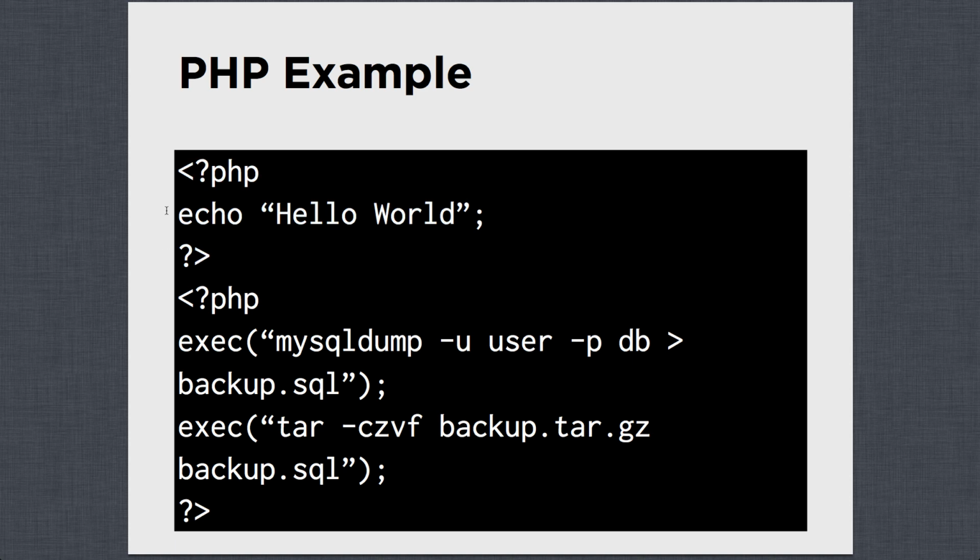So that'll just print hello world out into the command line. And then we have our same MySQL backup scripts that will back up MySQL. And instead of the system function, PHP has an execute function, or exec, that will run our commands for us. And as you can also see, all PHP lines, so every line of the programming language, is terminated by a semicolon. So that's very important. If you forget that, your programs will not run properly.